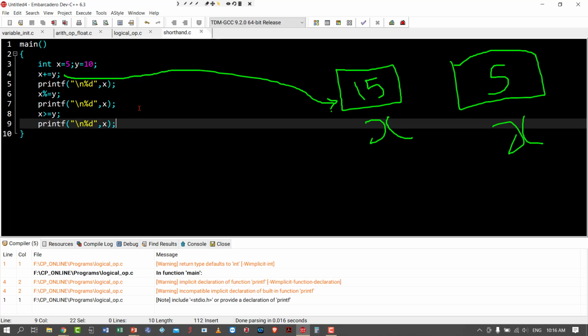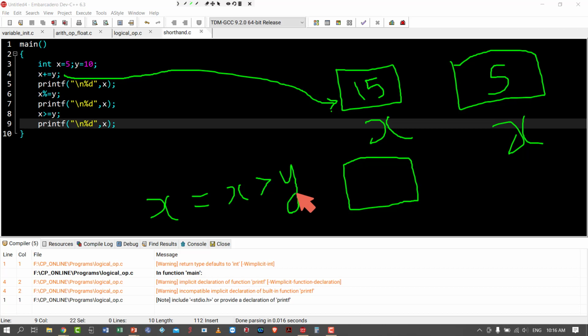Can you predict the output? 1. Okay. Here what's the meaning? X equal to x greater than y. How did you get 1?